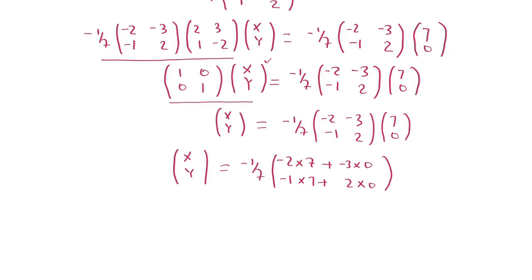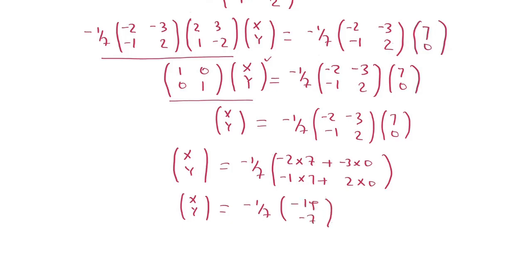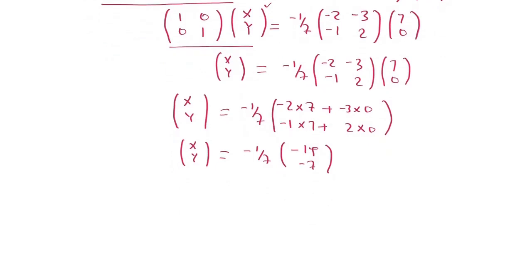Computing this, we have negative 1 over 7 times the matrix [negative 14; negative 7]. Now let us apply scalar multiplication: negative 14 times negative 1 over 7, and negative 7 times negative 1 over 7.